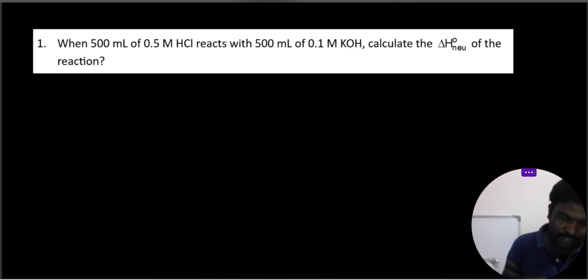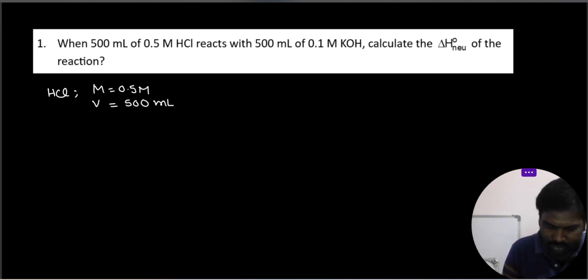So first, for HCl, we have to calculate moles. Here molarity 0.5 molar is given, volume 500 ml is given. You know the molarity formula? Molarity equals moles into 1000 by volume in milliliter.